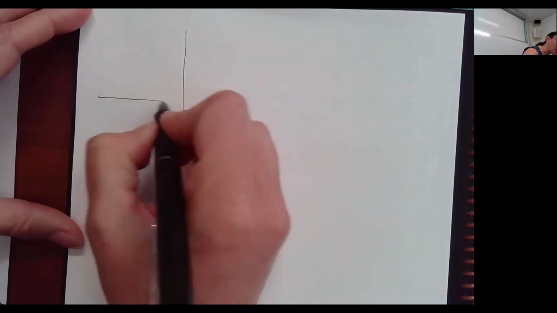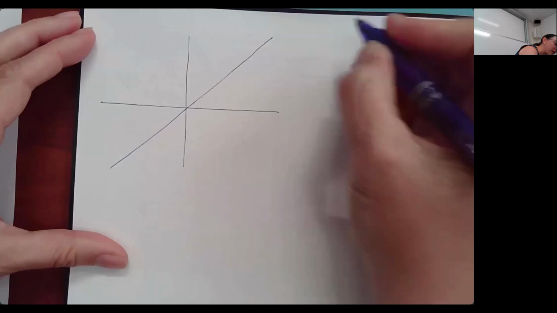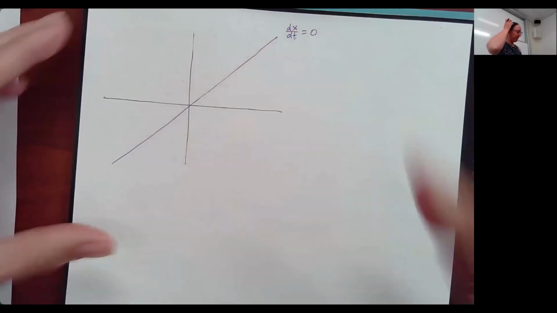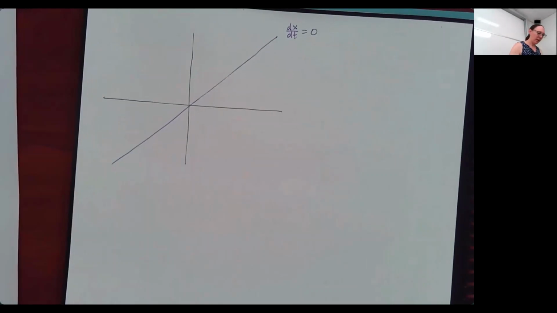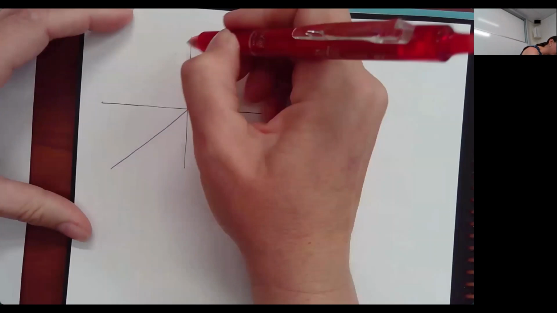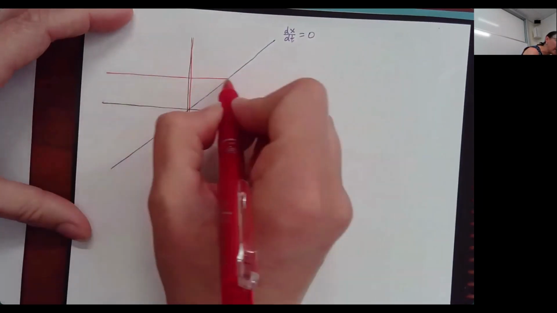Here's my cleaner version of it. So that's a dx dt is equal to 0. And here are my dy dt's equal to 0.